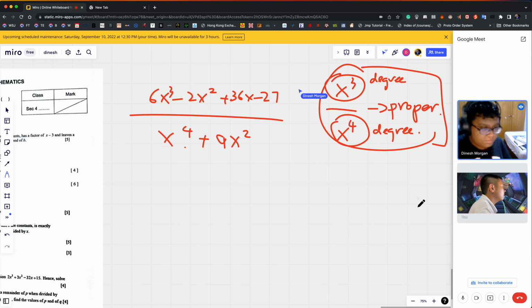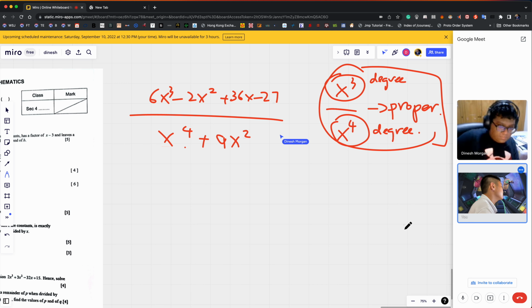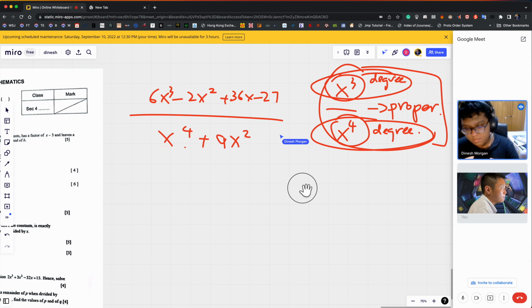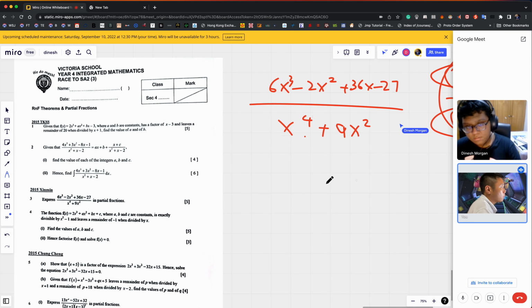Very good question. Maybe you can post this question to your school teacher and see how they explain it. When I say improper fraction, I'm talking about the degree.